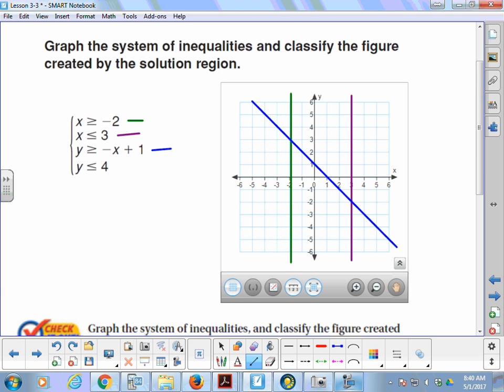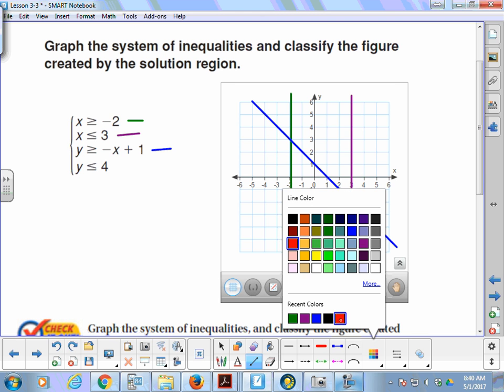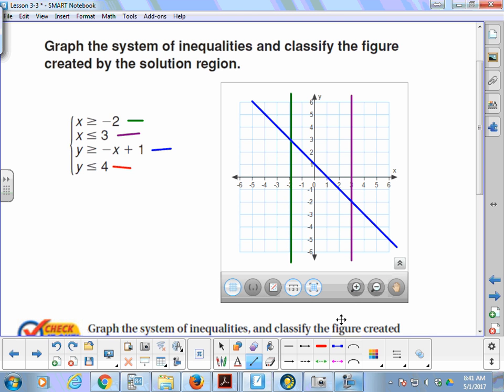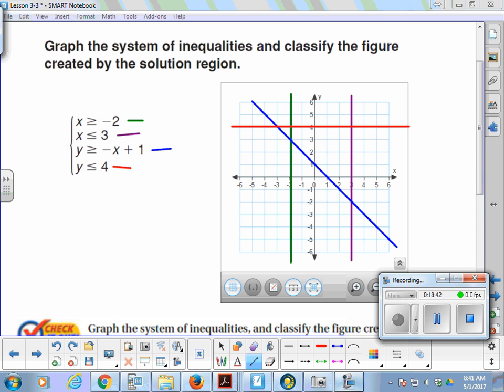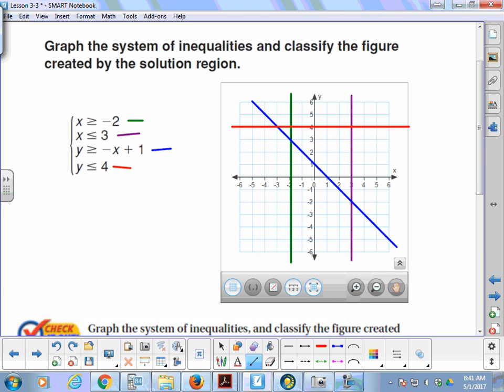And then y is less than or equal to 4. We'll make that red. That's horizontal. In this case, we could color with 4 different colors also and see where they intersect.